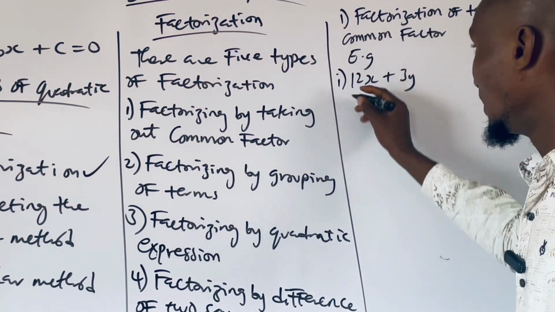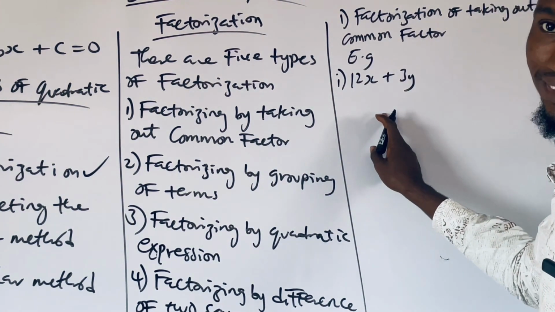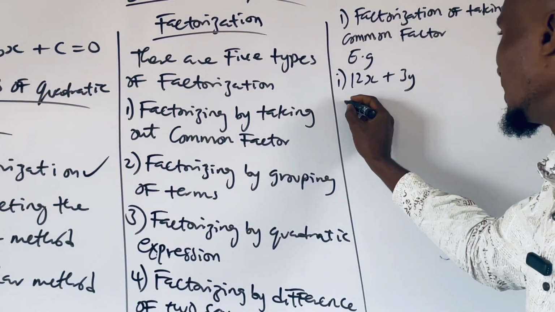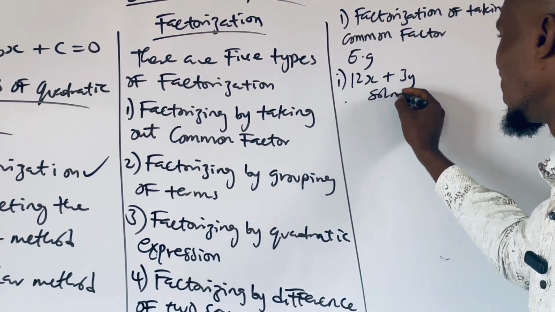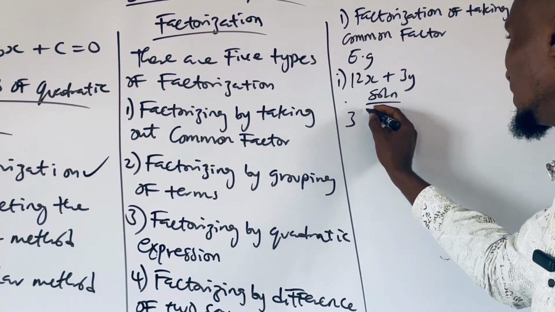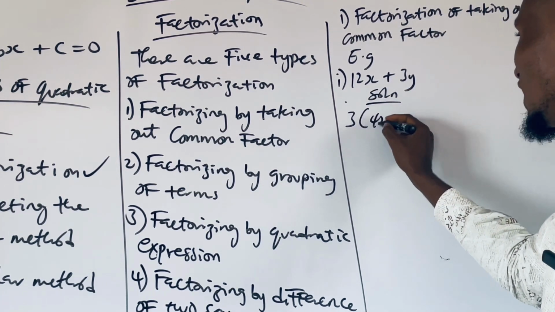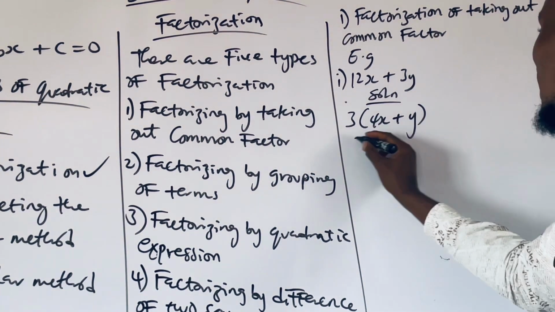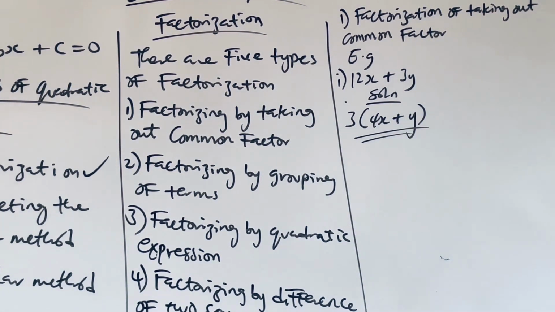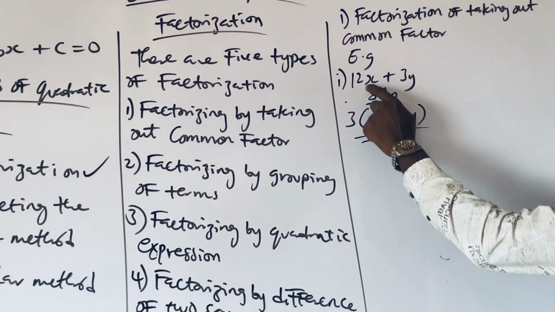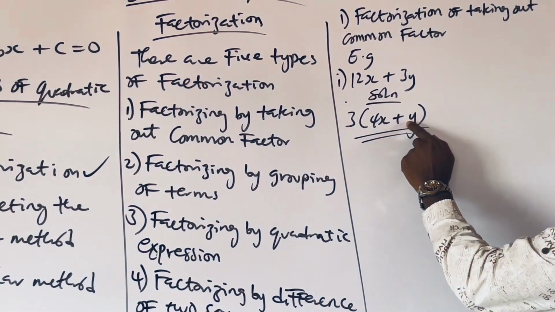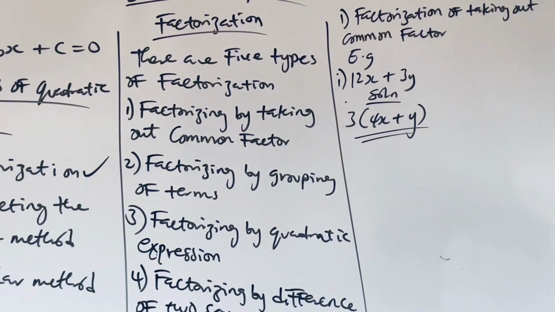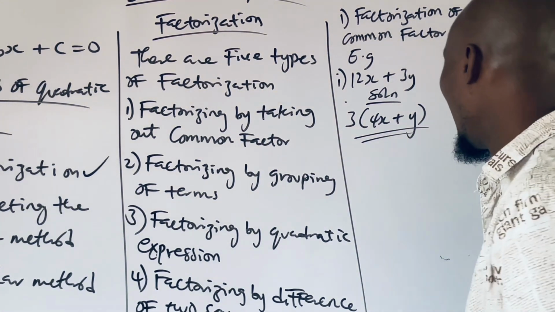The common factor here is 3, right? This is the solution: 3 into bracket 4x plus y. Final answer. How? 3 times 4x will give us 12x. 3 times plus y will give us plus 3y. Did you understand now?